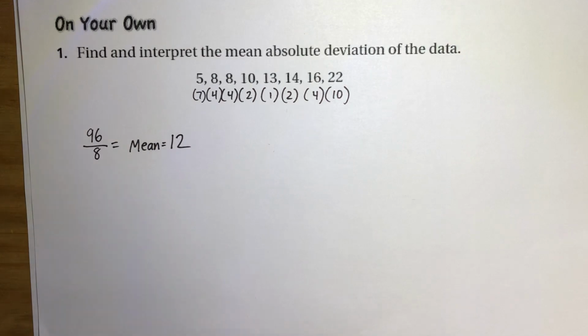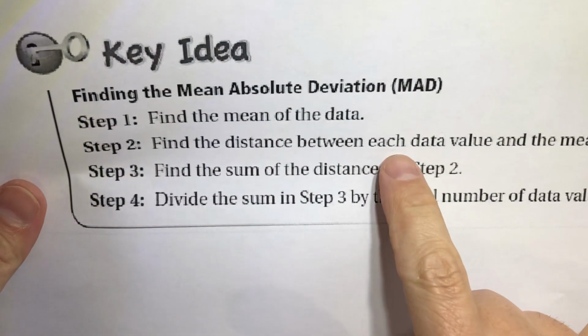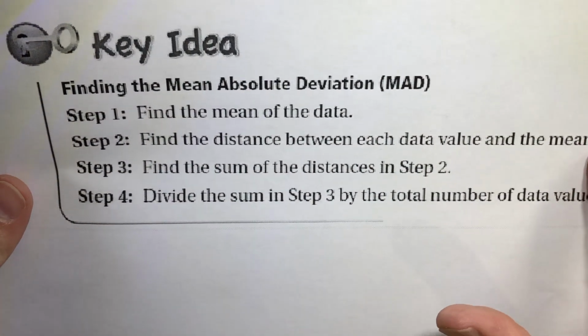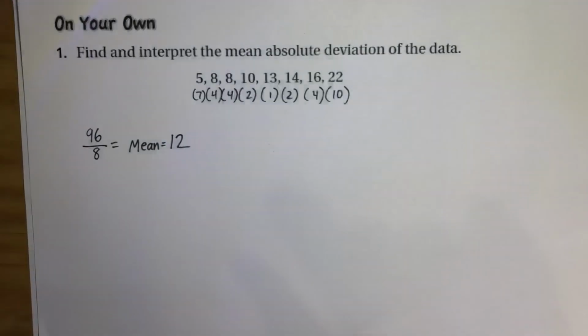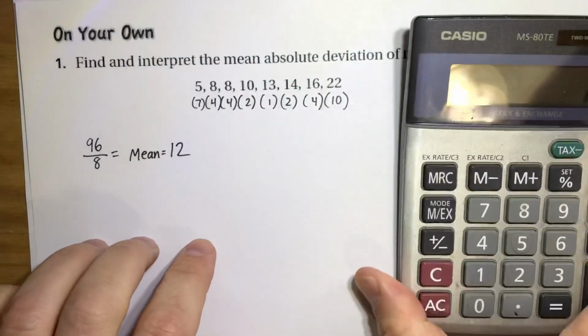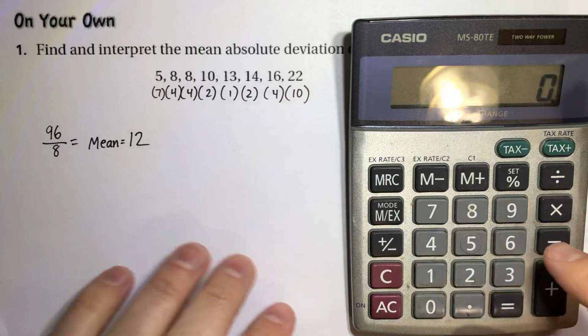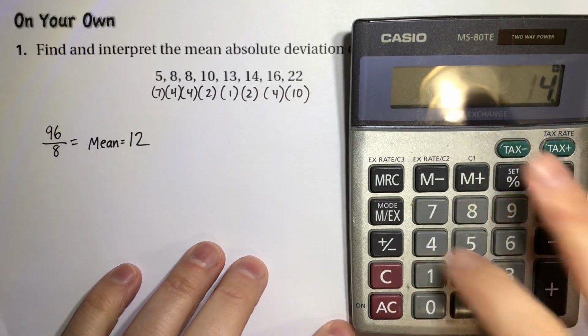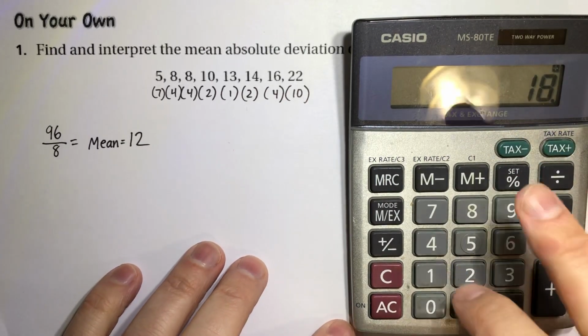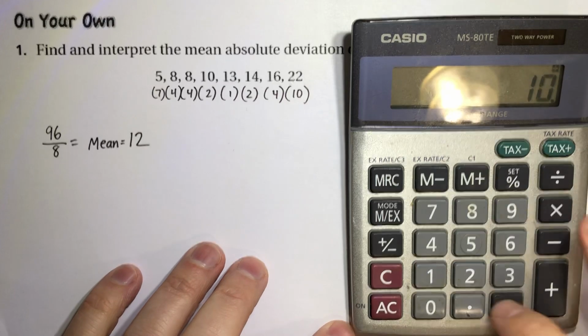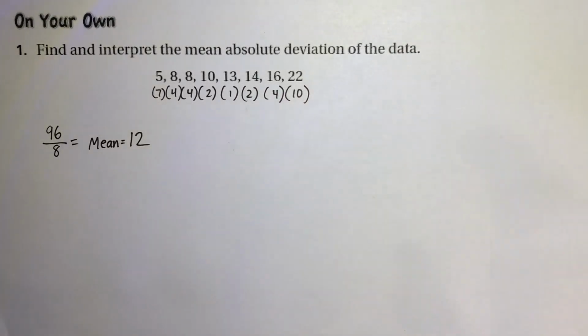So I've now found the distance between each data item and the mean. So now I'm going to add up those distances. So let's get that total real quick. And I got a total of 34.